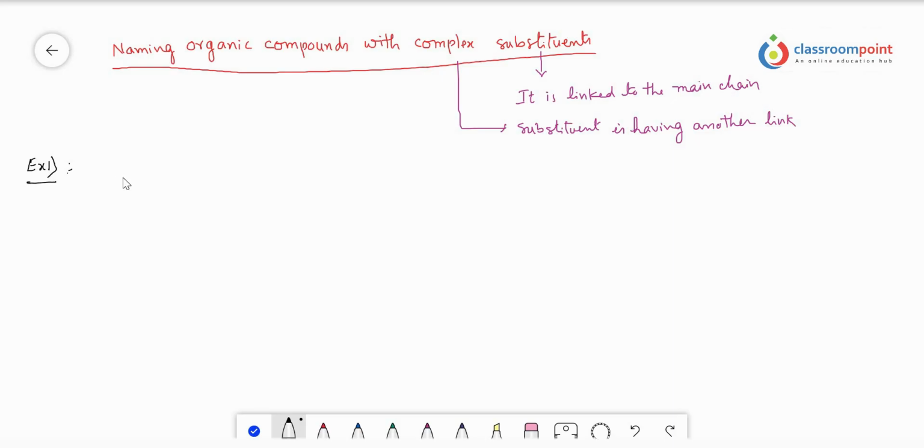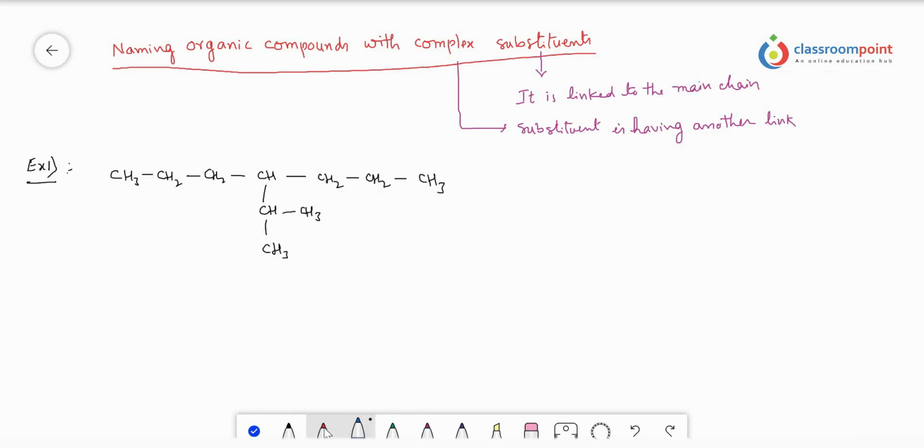Example 1. See here a molecule. Let us take a complex substituent here. See here I am writing the substituent. So this is one molecule. In this molecule we know that we have to select the longest continuous carbon chain.